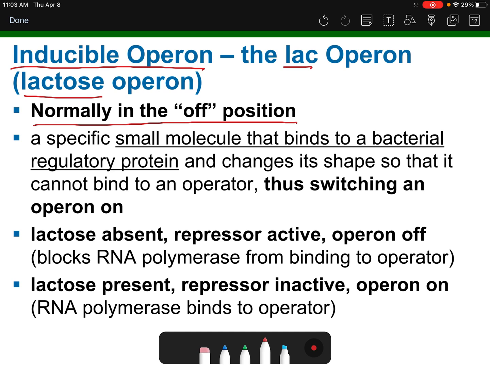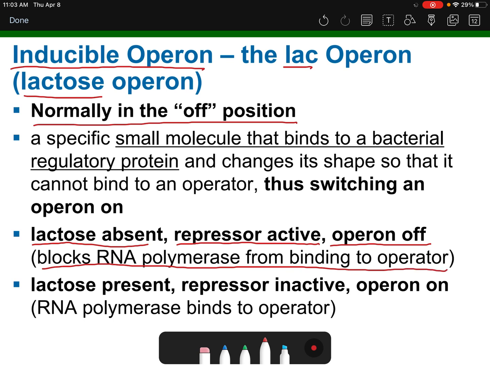And so when lactose is absent, the repressor protein can attach to that operator region and it turns the operon off. It's turning it off because it blocks the RNA polymerase from binding to the operator.